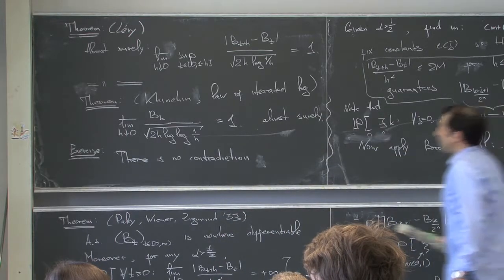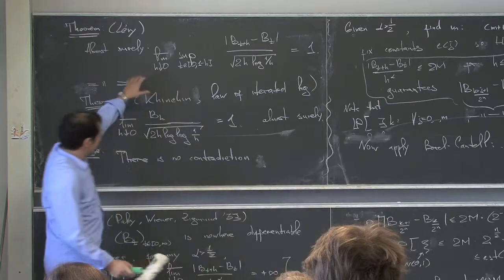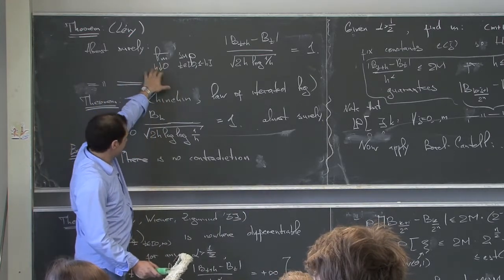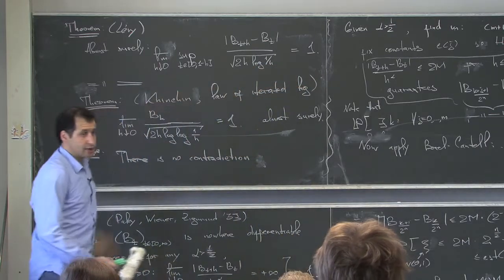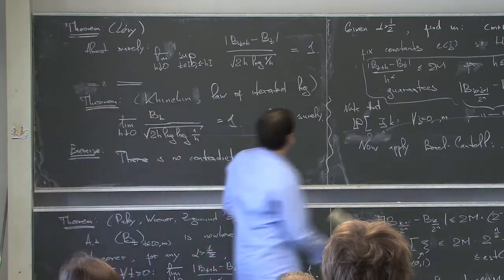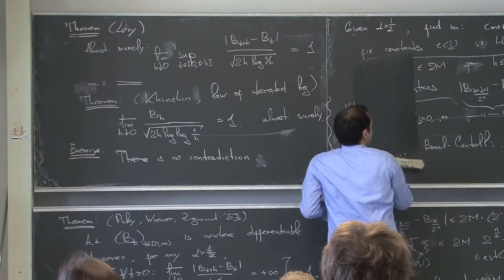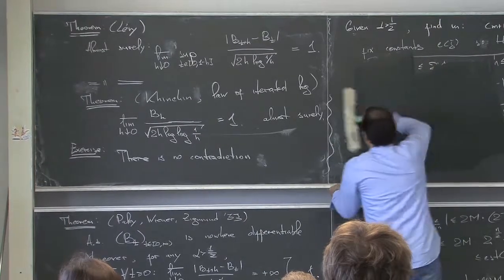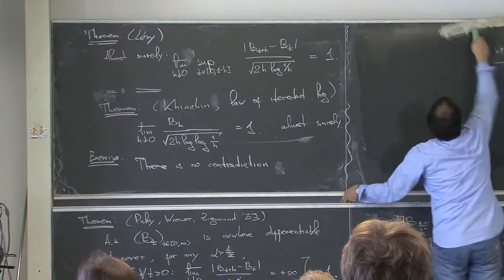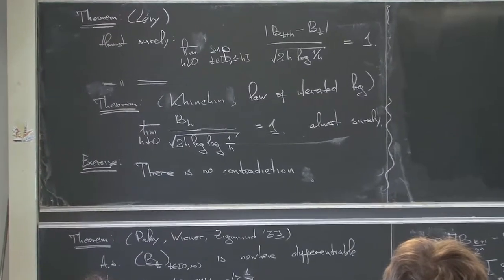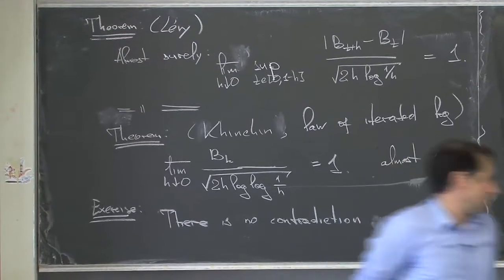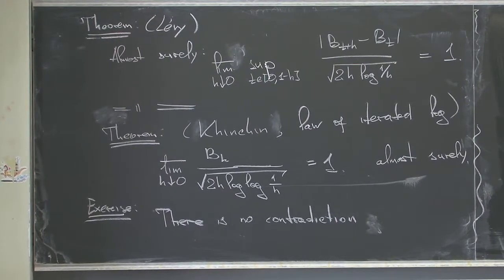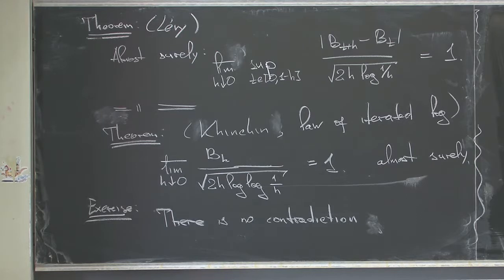Good. And then the plan is as follows. We prove the easy bound today, and the other bound is for the next time. And the proof of the easy bound goes more or less along the same lines as the proof of non-differentiability.